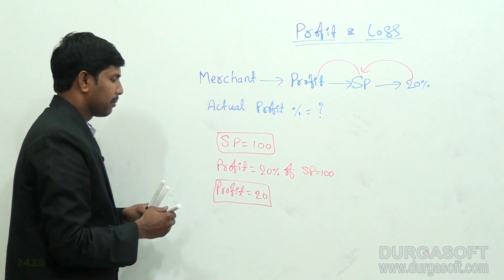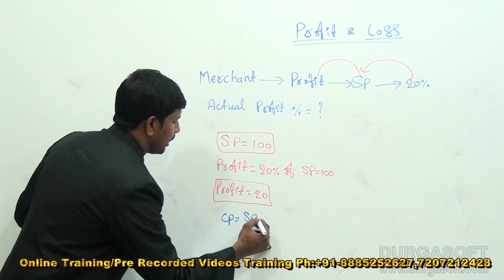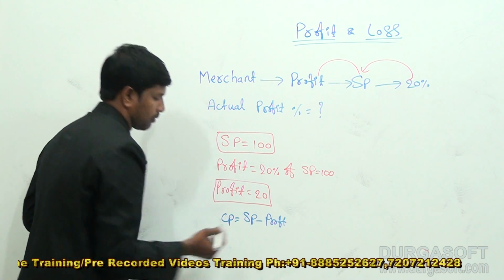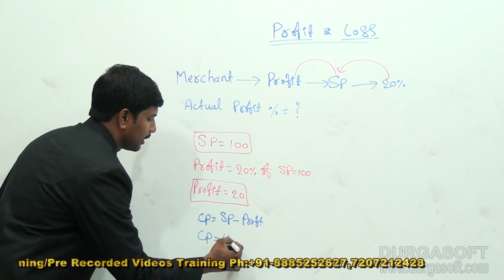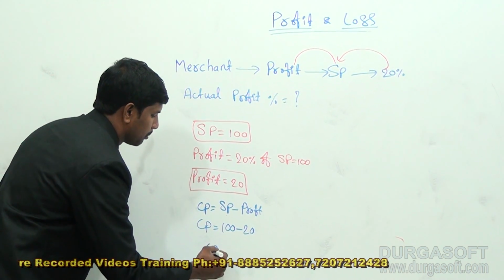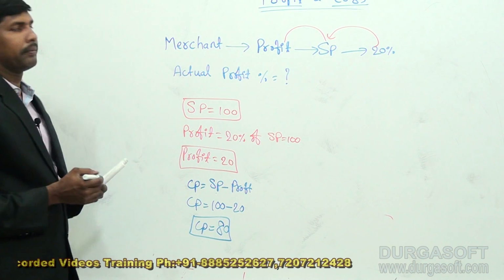Now I have the selling price and the profit. I can calculate my cost price, because cost price is equal to selling price minus profit. So cost price is equal to selling price 100 minus profit 20, that means my cost price is equal to 80.